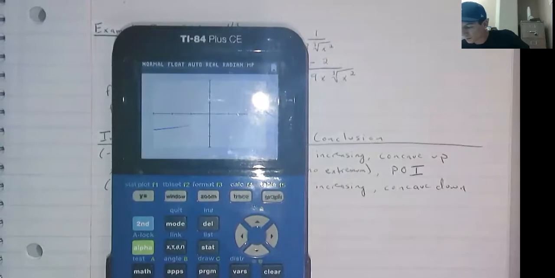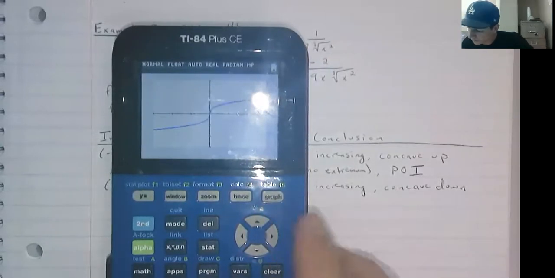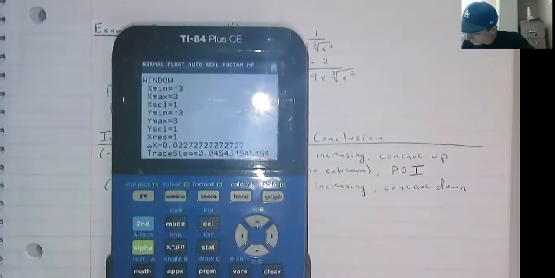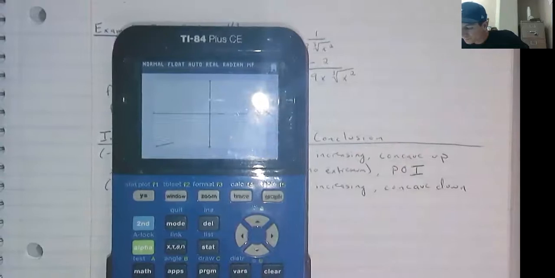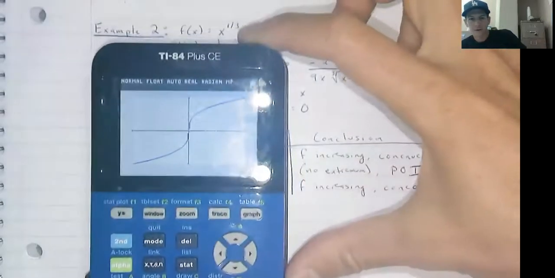Oh, that's gonna be better. Oh, still not that cool. Let's go even smaller. -1, +1, -1, +1. Oh, there we go. It's that vertical situation, that vertical tangent.